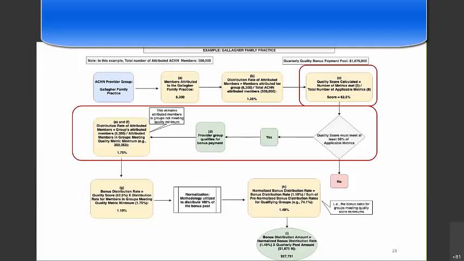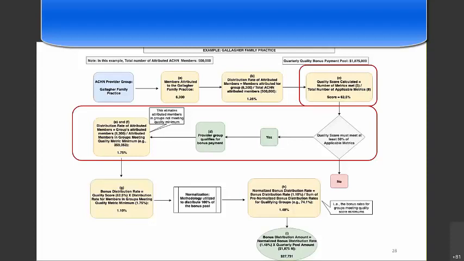In this particular example, we are assuming Gallagher Family Practice is qualified for all 8 quality metrics. Also, in our example, we are assuming Gallagher Family Practice met 5 of these 8 metrics. Therefore, they have a score of 62.5%. That is their quality score.